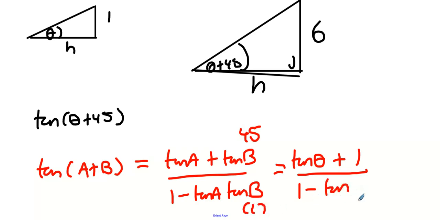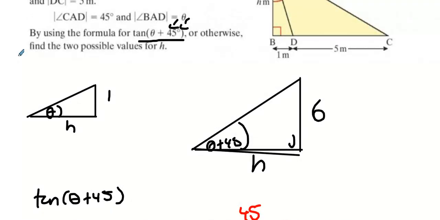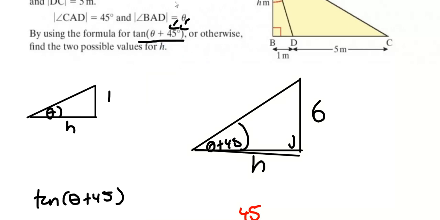Is everybody happy with how we start the question? They told me to use, if you read the question, they told me to use tan theta plus 45. I'm just following their instructions. Everybody see that? Just following their instructions, nothing more, nothing less. Cool? Okay, next part.